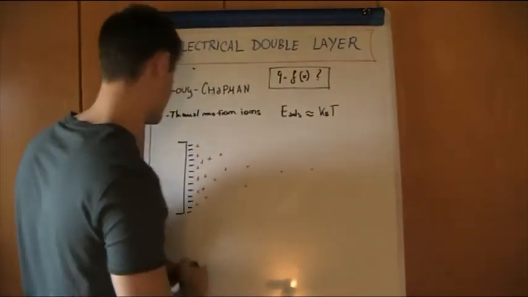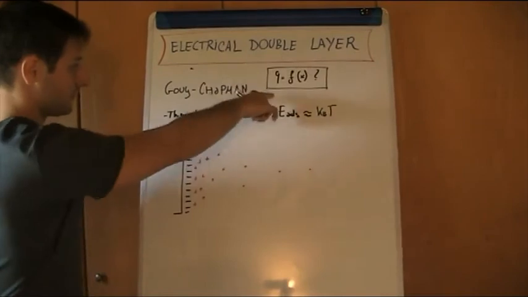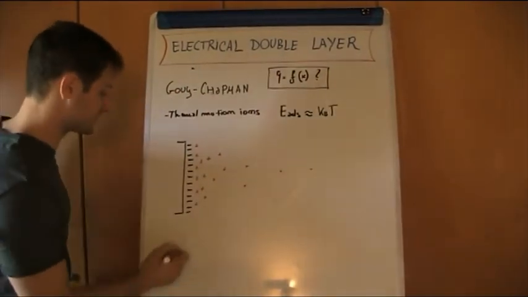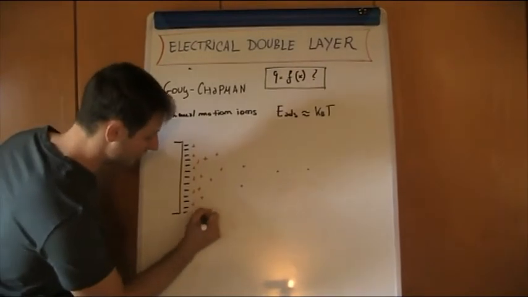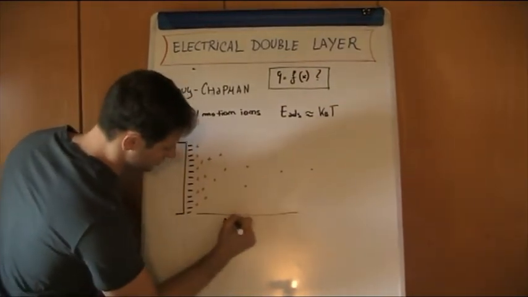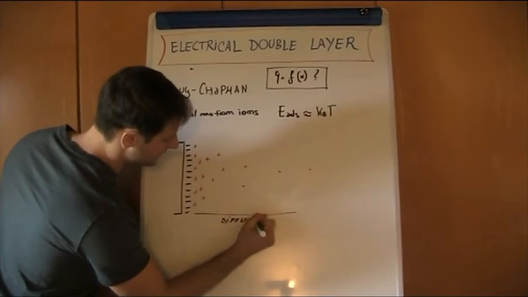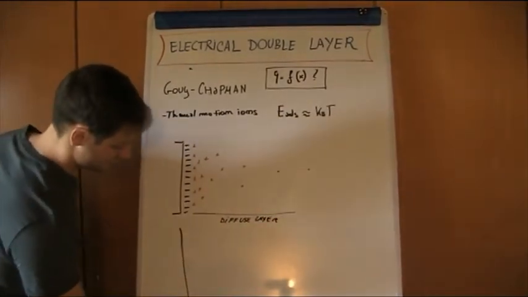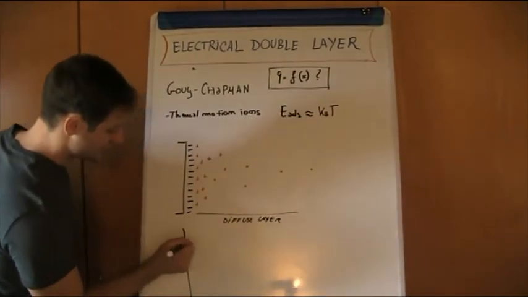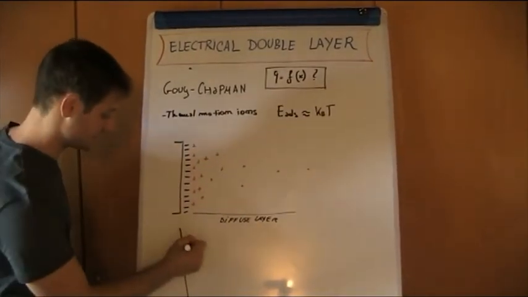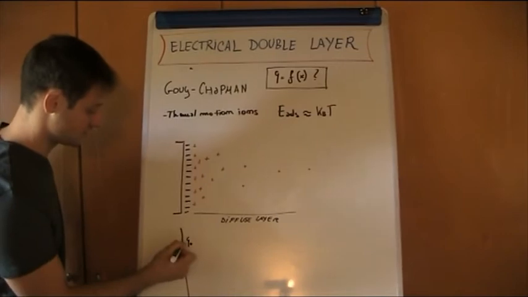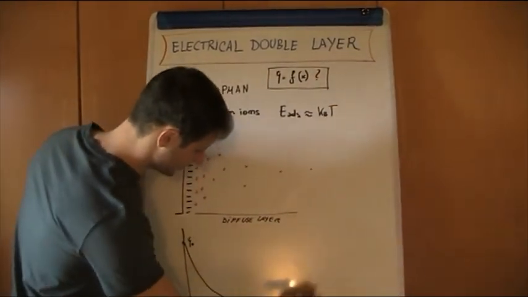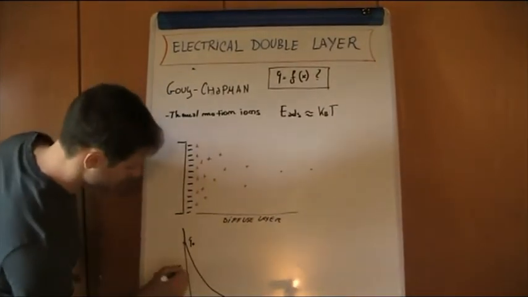So if we want to describe this concept in terms of functions, potential versus the distance, we can say that in this case we have a diffuse layer and an exponential profile starting from the surface potential and reaching infinite distance.